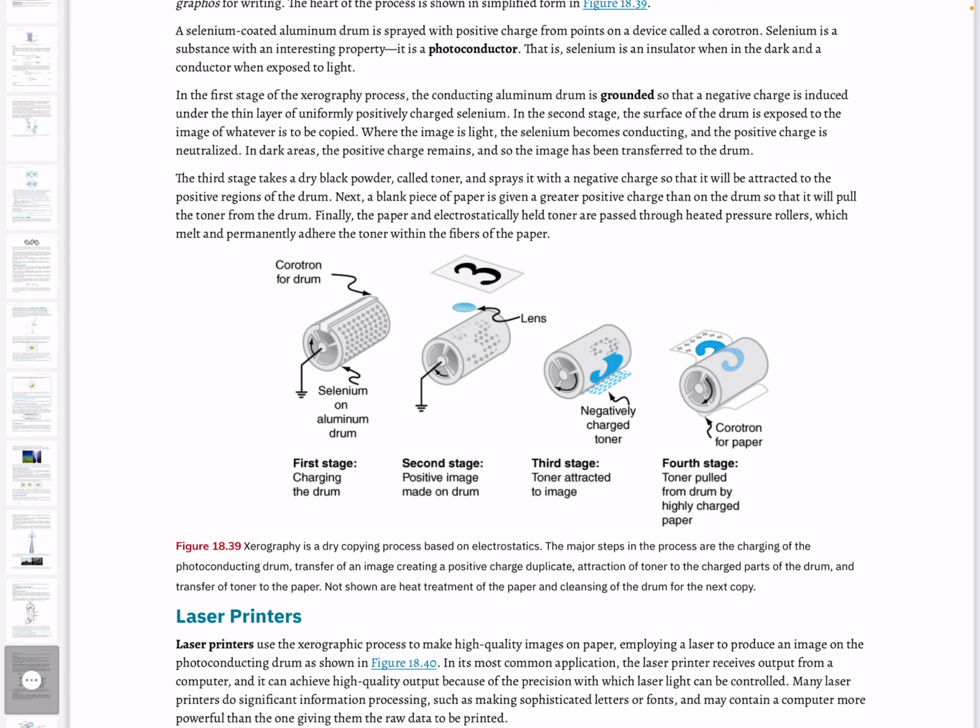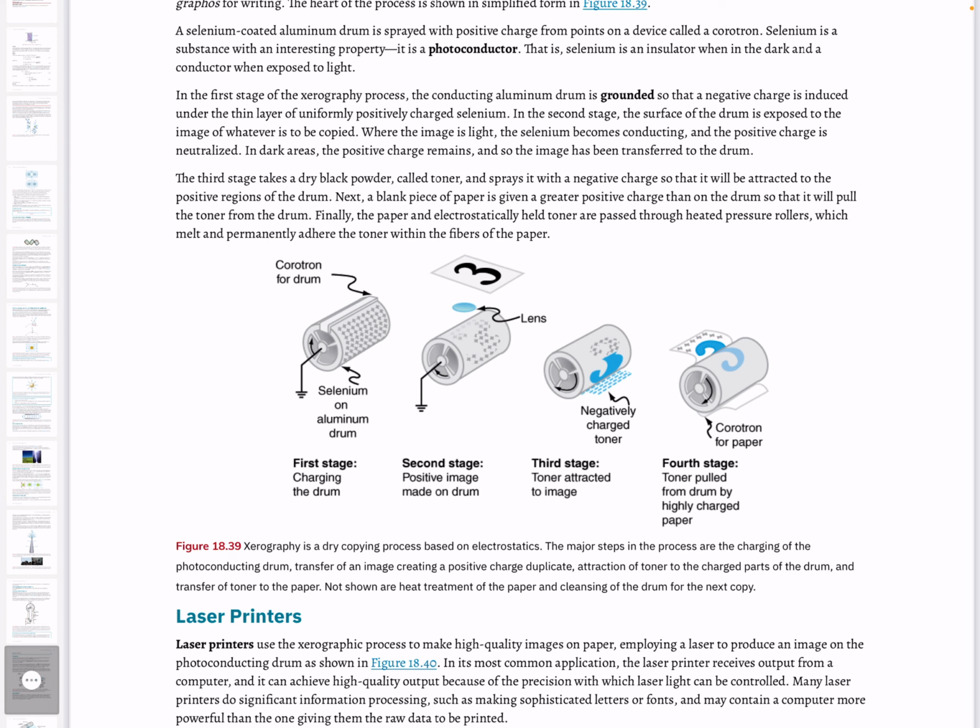Like here they have a 3, and the 3 gets lensed onto the drum, and a positive image is made on the drum. So the drum is positively charged.